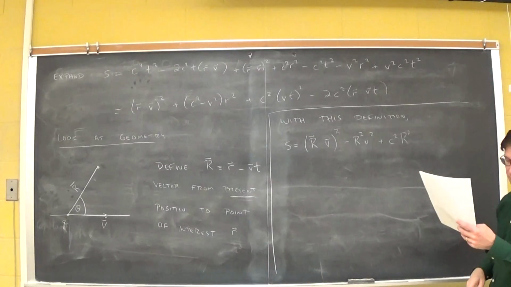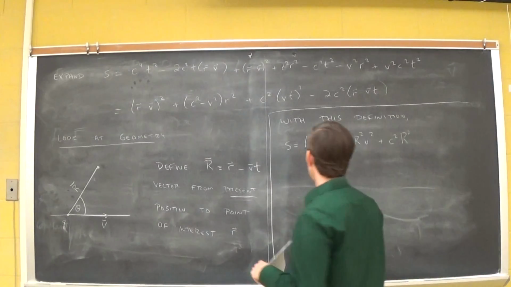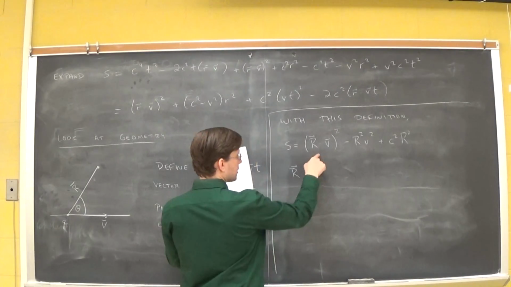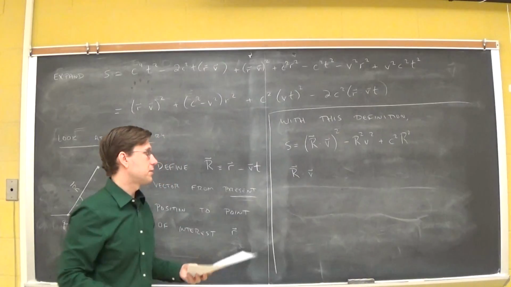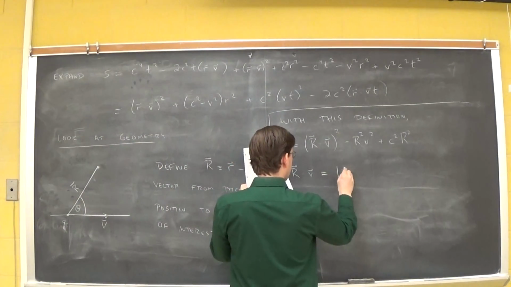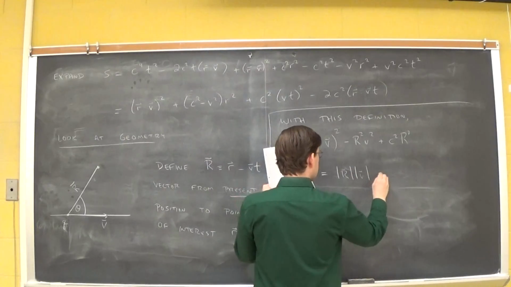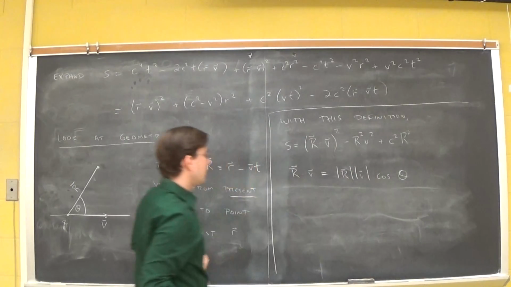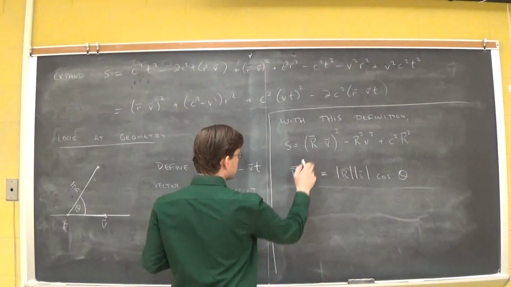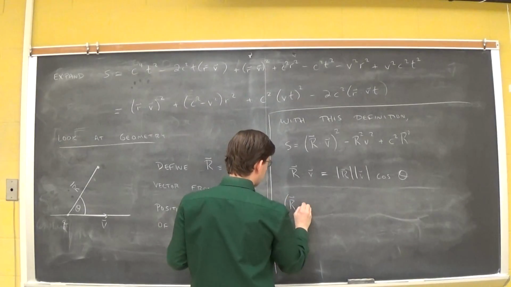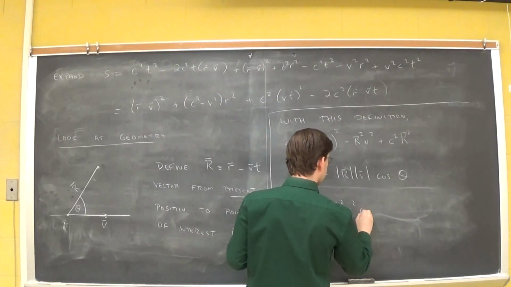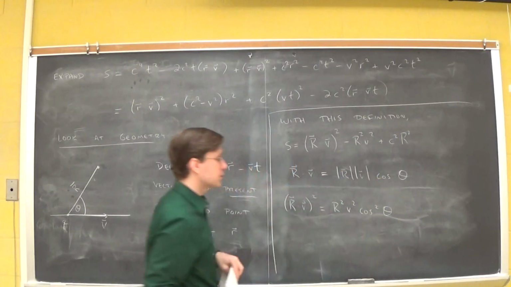Okay, so our S is simplifying quite a bit, and then we can recognize that this term here, this R vector dotted into v vector, we can always write as the magnitude of R times the magnitude of v times cosine of the angle between them. So this term, (R dot v) squared, we can just write as R squared v squared cosine squared theta.